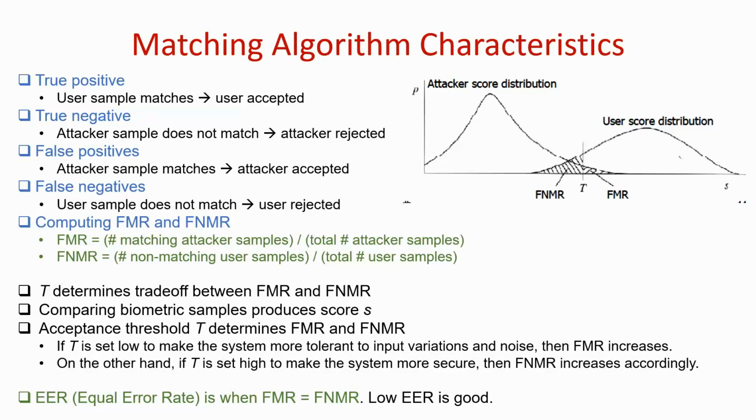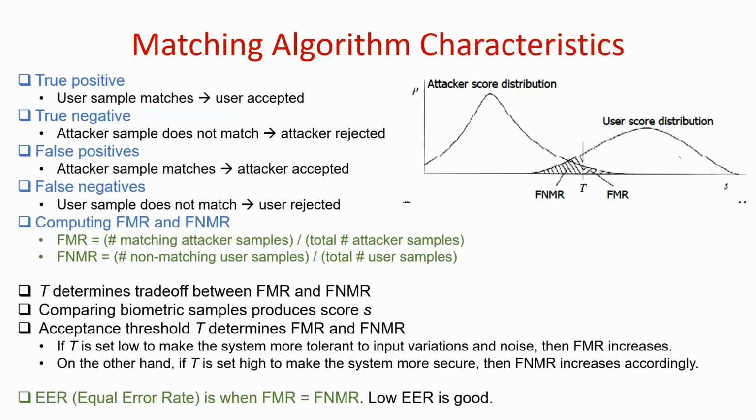And finally, the false negative is when a legitimate user doesn't get access. The system does not recognize their credentials. So from these values, we can compute two parameters, the FMR and the FNMR. The FMR is basically the number of matching attacker samples over the total number of attacker samples.